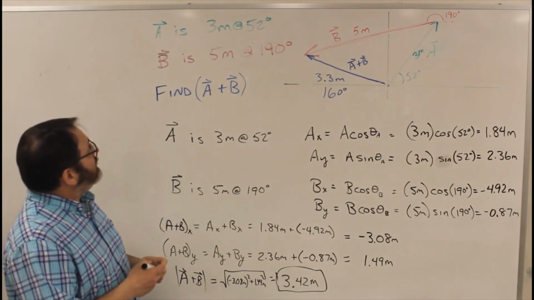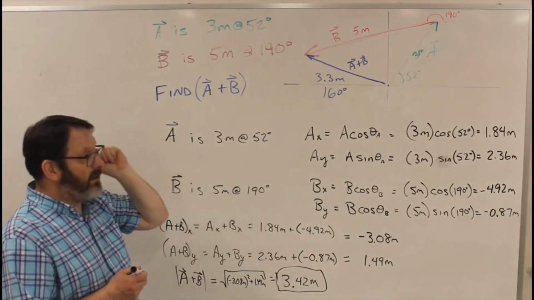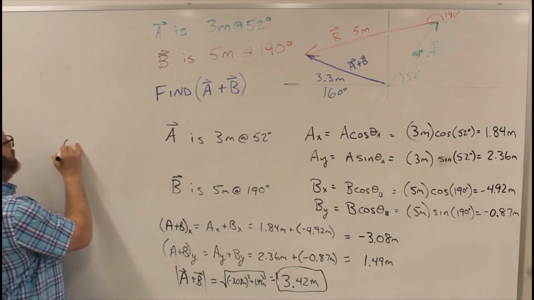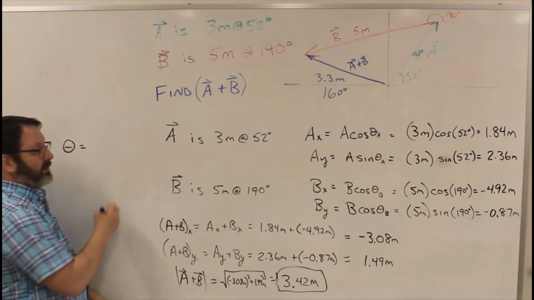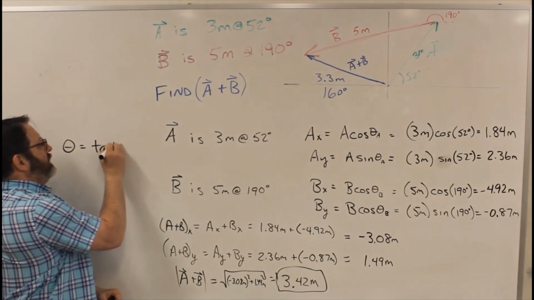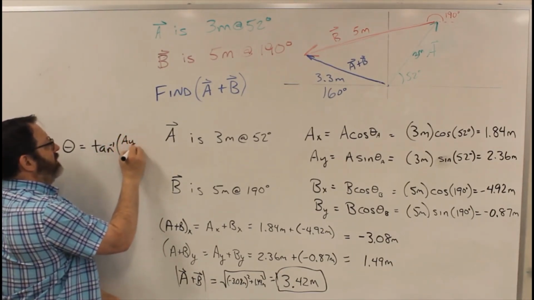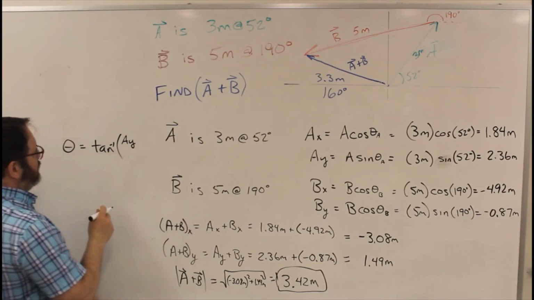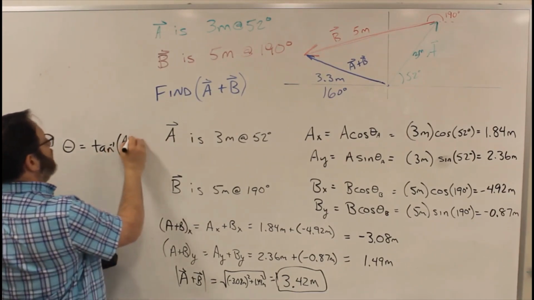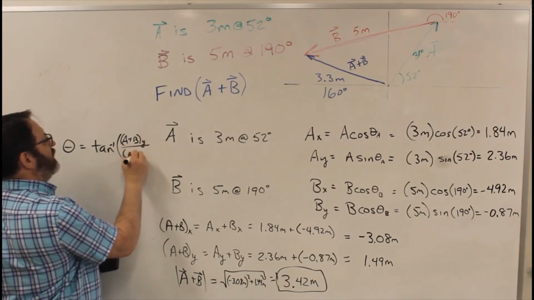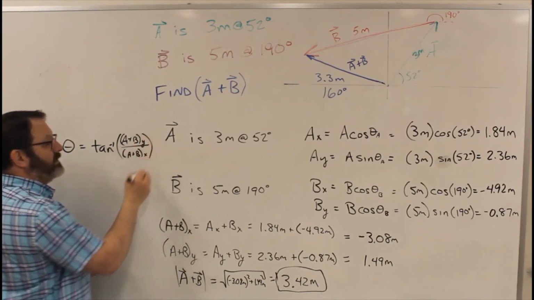So now how to get the angle. There are multiple ways to get there. Let's do this one. So theta is inverse tangent of A plus B y over A plus B x.